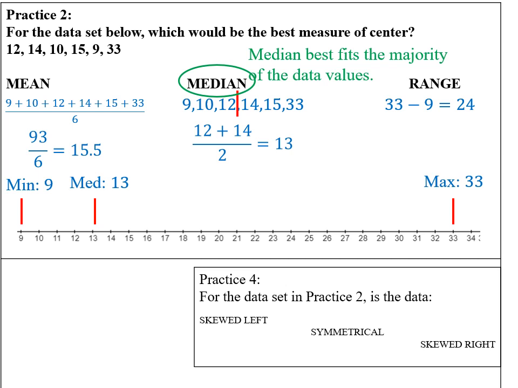Now, the next two parts of the box and whisker plot are figuring out the quarters. So that's the half of the first half. In the first half, 9, 10, and 12, the middle number is 10. And then in the big half, 14, 15, and 33, the middle number is 15.